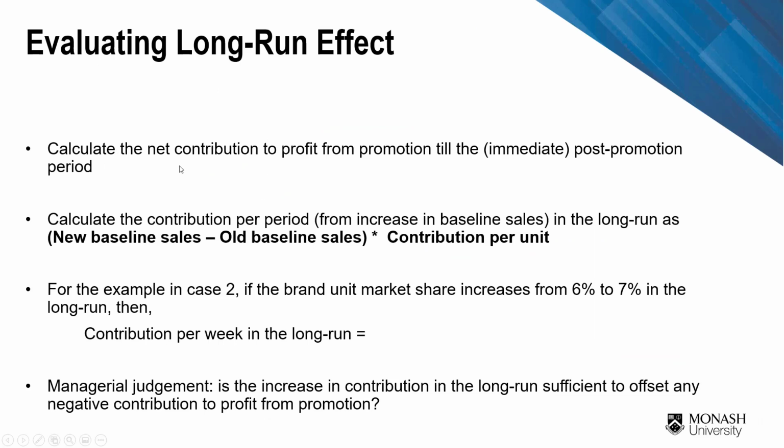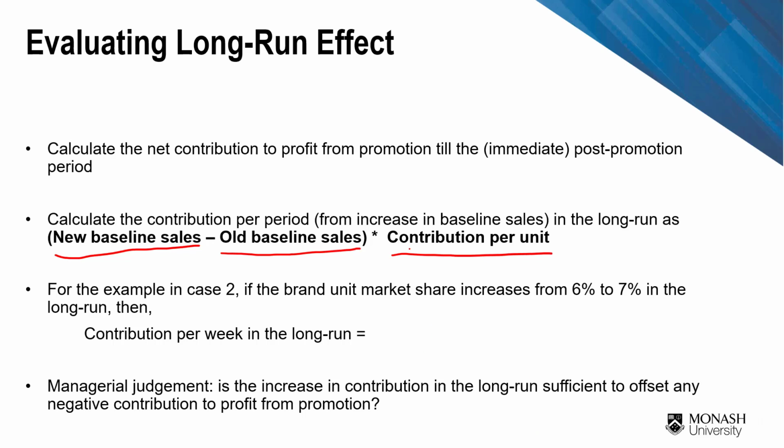So calculating the net contribution to profit from promotion till post-promotion period, you can calculate the contribution to profit from the increase in baseline, which is this formula: the new baseline sales minus the old baseline sales, times your contribution per unit.